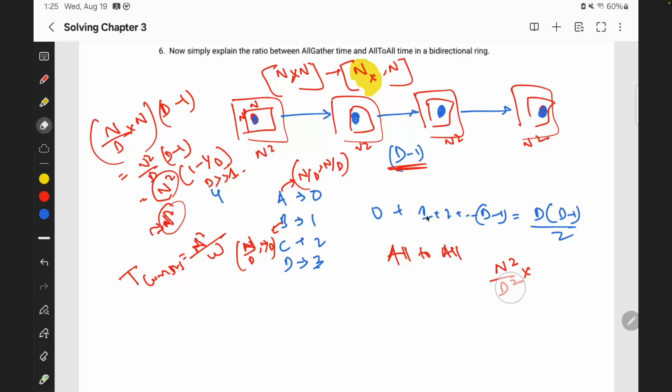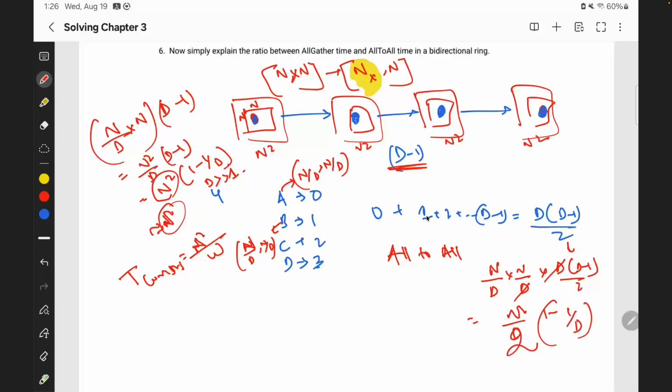So if I write it properly, it will be n by d, n by d into d, d minus 1 by 2. So it cancels out to n square by 2, times 1 minus 1 by d. So if you see, all-to-all is n square by 2, and we had here n square.